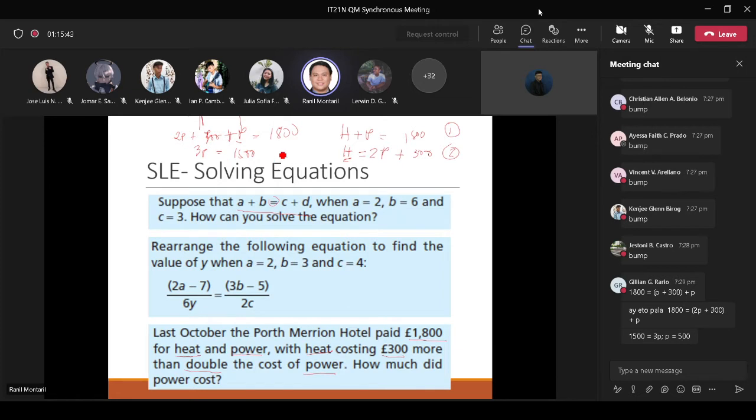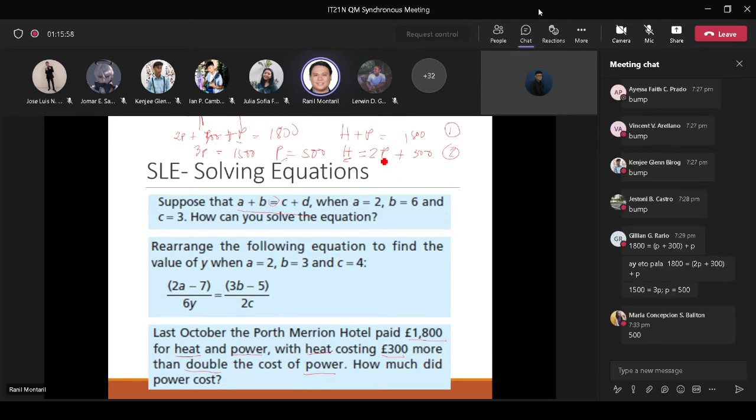Therefore, p is equal to 1,500 divided by 3. That is equal to, can you help me? 500. Yun, so P is 500. Therefore, if we apply that P here, H is equal to 1,000 plus 300, which is equal to 1,300. So that's how we solve the problem. One method is what we call the substitution.